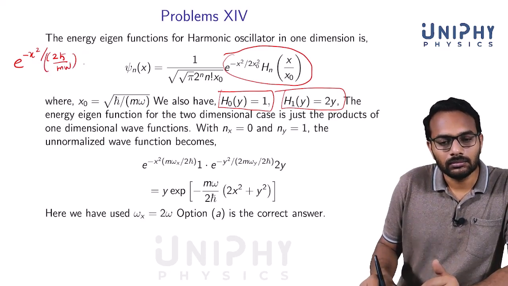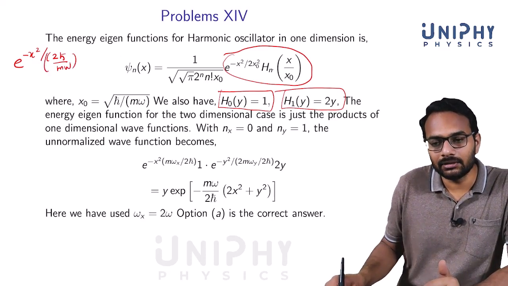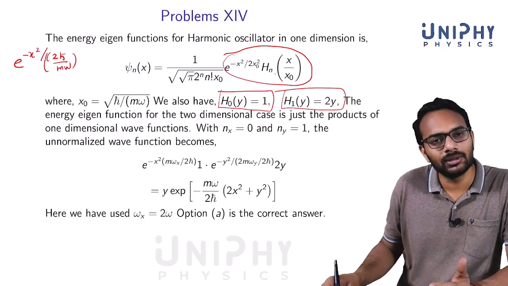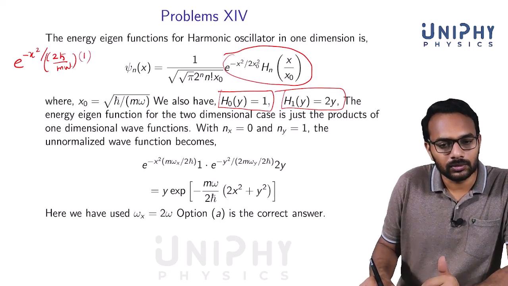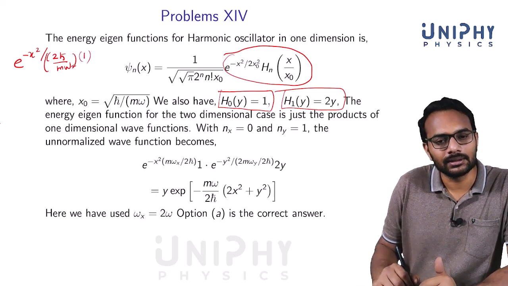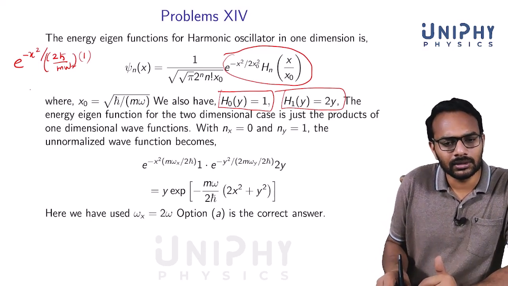In the x direction we said nx equal to 0 and it's H0 of x by x0, but H0 is 1, so you've got a 1 here. So we'll write it as m omega x.